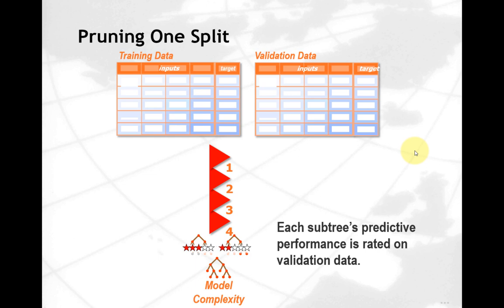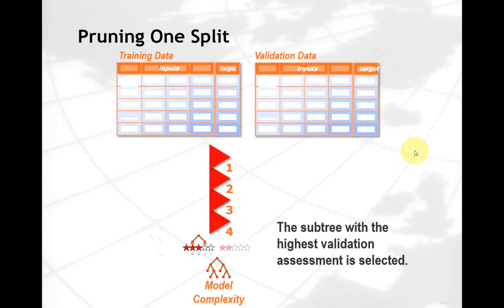Suppose the left tree is better. So SAS will remove the worse one and only retain the best one, record the performance and draw the graph, right? So that's a tree with 5 leaf nodes.